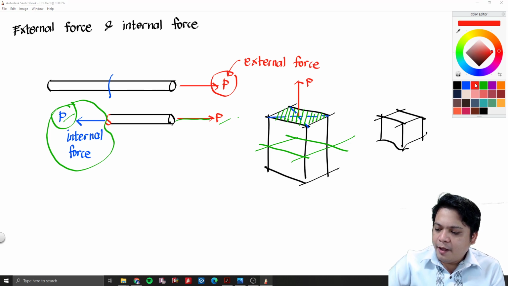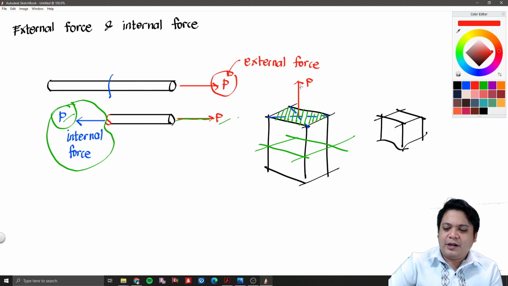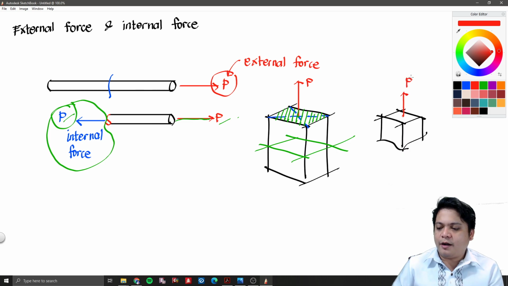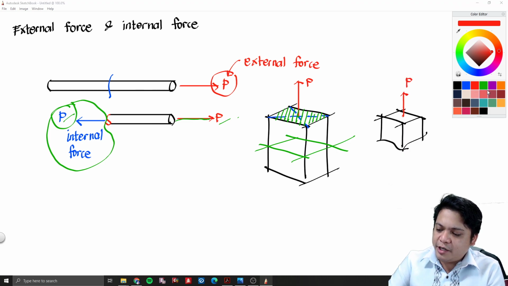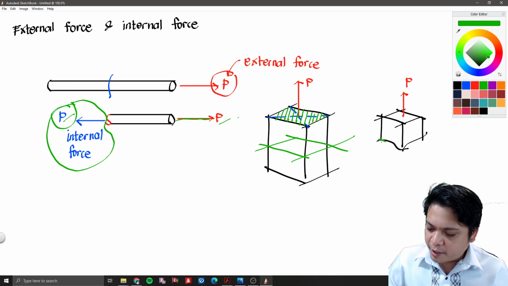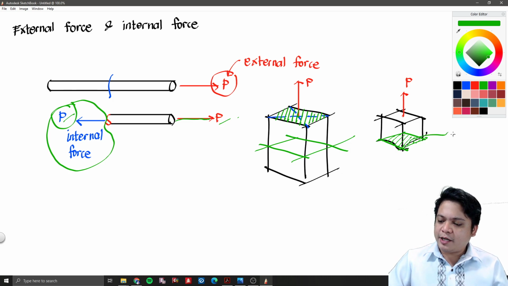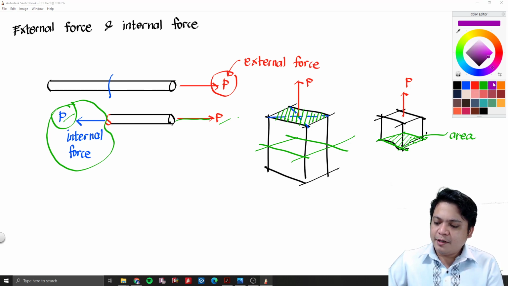And then itong P na to, dahil nag-a-act siya sa centroid, I will be having here point P. Ngayon, yung internal force ko, lagyan ko doon, dito sa area na to, kasi pinutol ko siya. Nung pinutol ko siya, na-expose yung area na to.